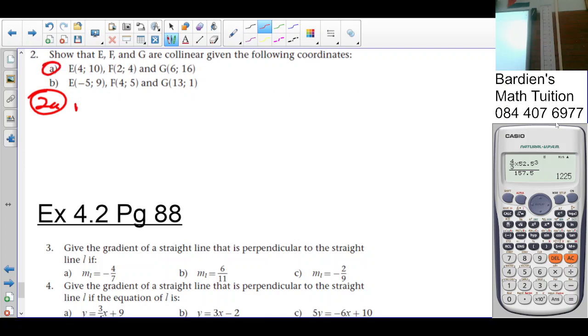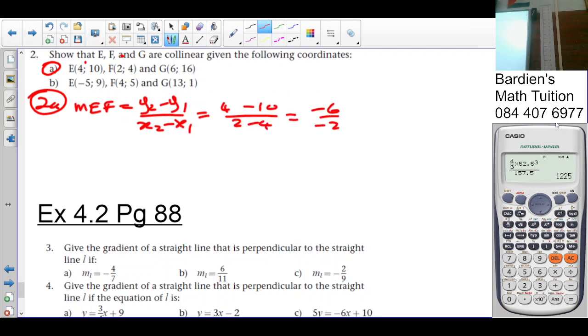So you now say the gradient of EF is change in Y with change in X. Okay, so we go with those two. It's going to be 4 minus 10 over 2 minus 4, which is negative 6 over negative 2, which is 3. So the gradient of FG, or I could have said EG, just do one of the two. The third one automatically will be equal if it is.